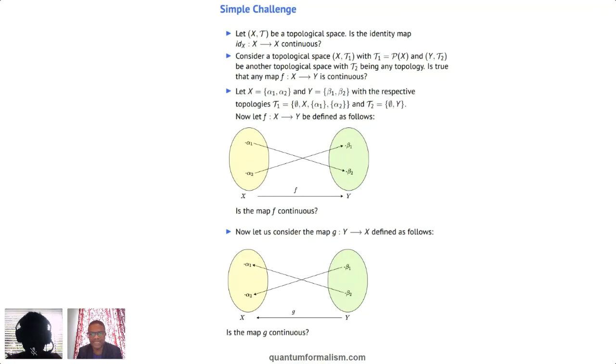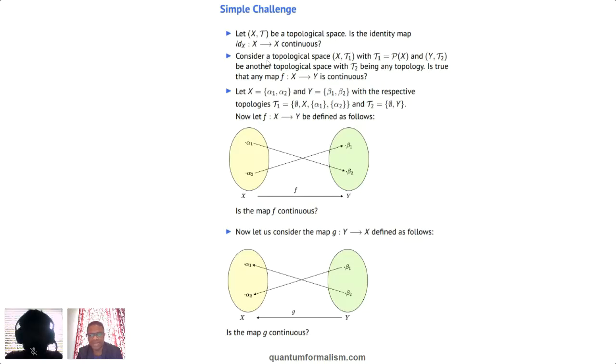This is a very simple challenge. The first one is, given any topological space, is the identity map continuous? Well, I will help you on this. I will say yes, it is continuous. You should be able to prove this also. This is very easy. So the identity map is indeed an example of a continuous map.